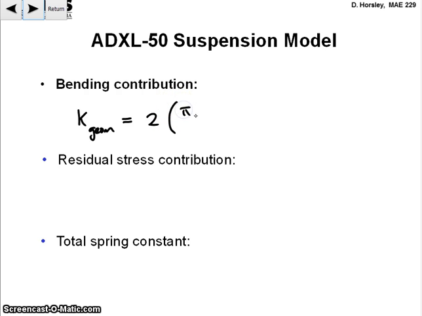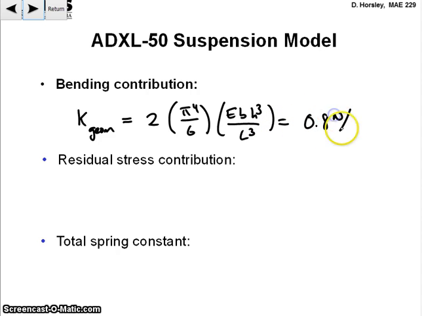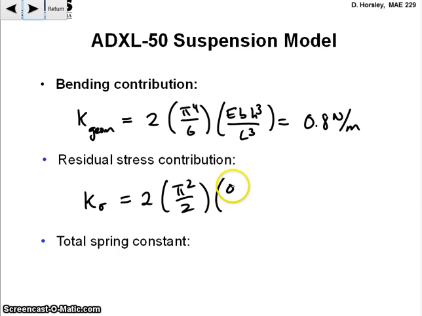It's pi to the 4th over 6 times EBH cubed over L cubed, and that's equal to 0.8 newtons per meter when we plug in all the dimensions and the Young's modulus. And from residual stress, K sigma is equal to 2 times pi squared over 2 times sigma naught BH over L. And so we get 4.4 newtons per meter.